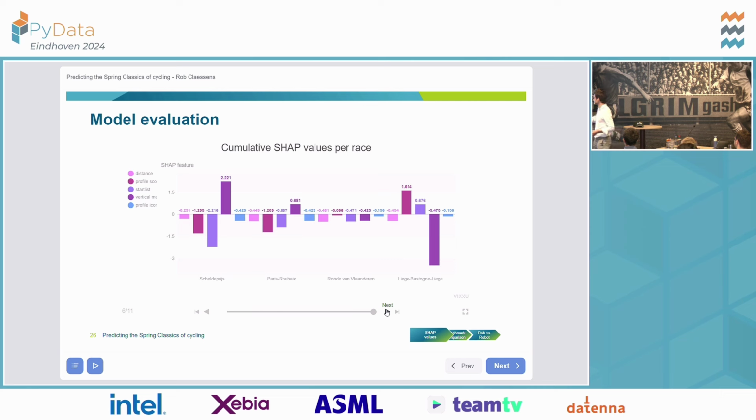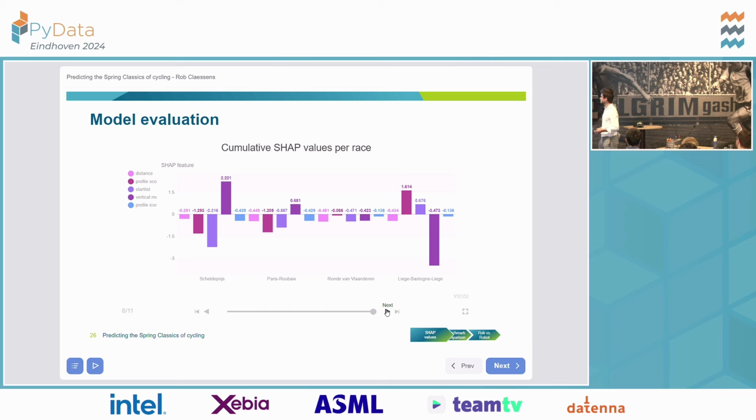For the vertical meters, which was the most influential factor, we see a sort of linear arrangement, which goes like this. It seems that the more vertical meters there are, the more negative the SHAP value is. So apparently that gives a better predicted rank for a race with more vertical meters.